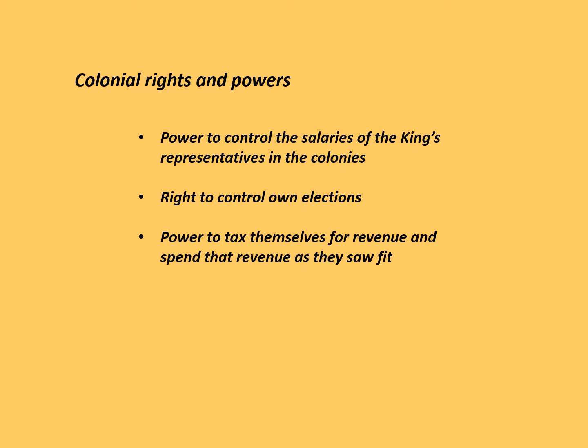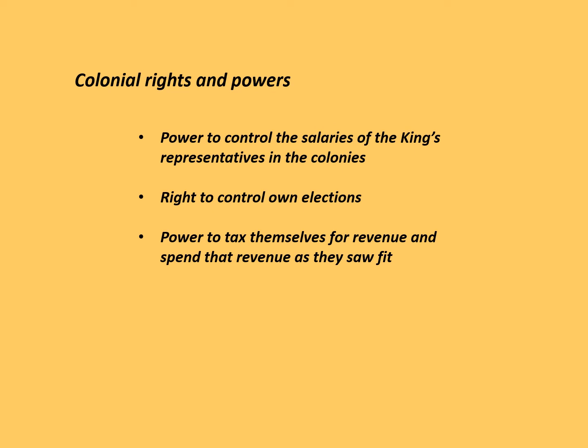And most importantly, I think, to our story to come in the second video, the colonies also have the power to tax themselves for revenue, operating funds, and to spend that tax revenue as they see fit.